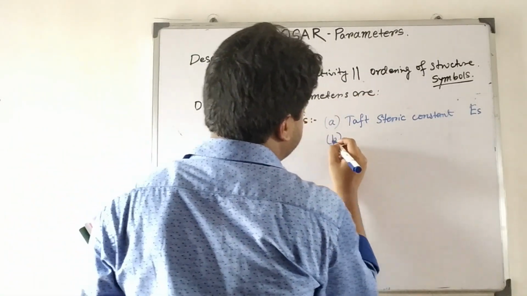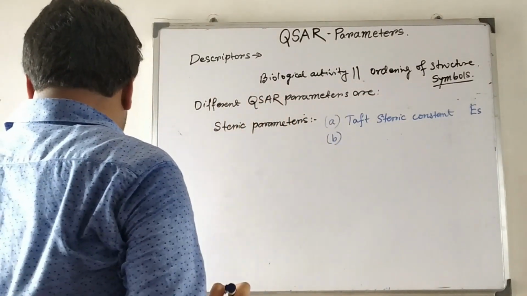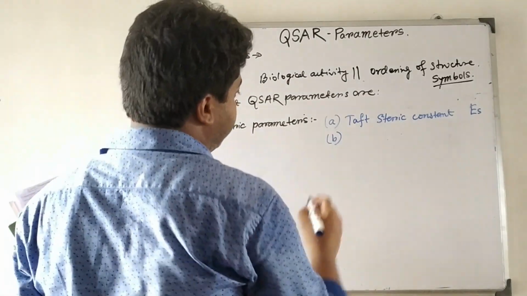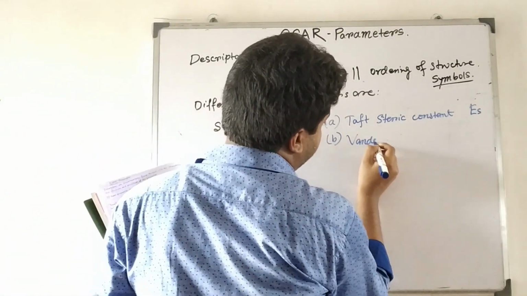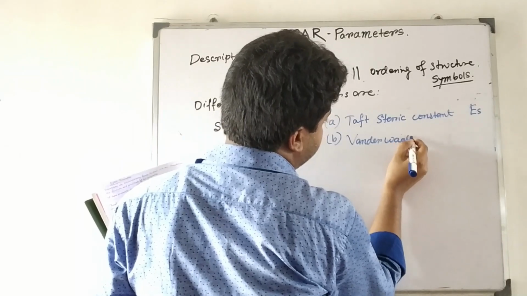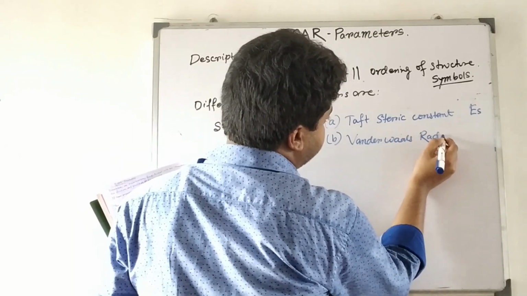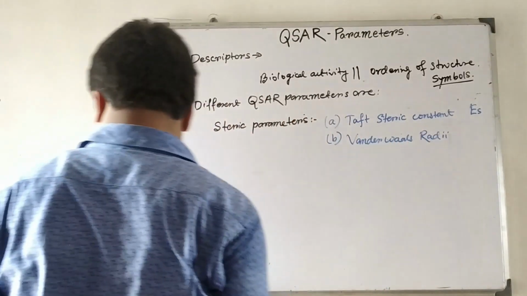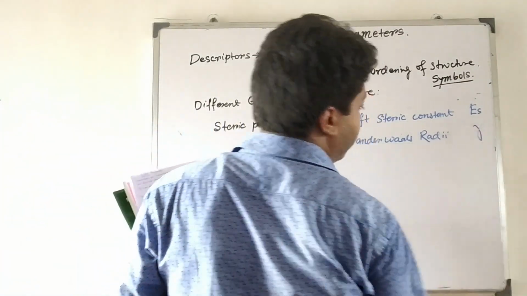Then we have the van der Waals radius, which we generally represent as gamma.